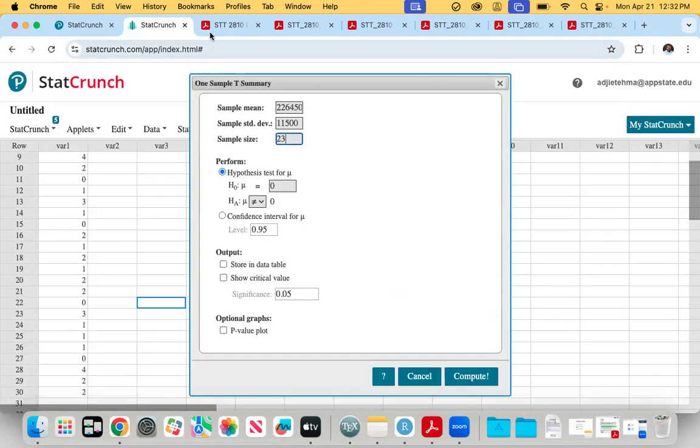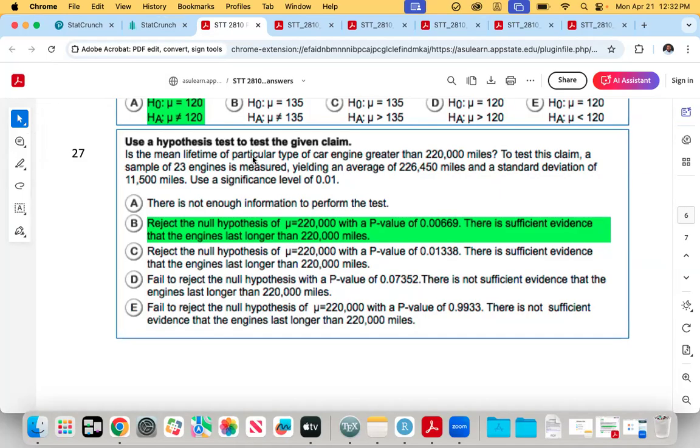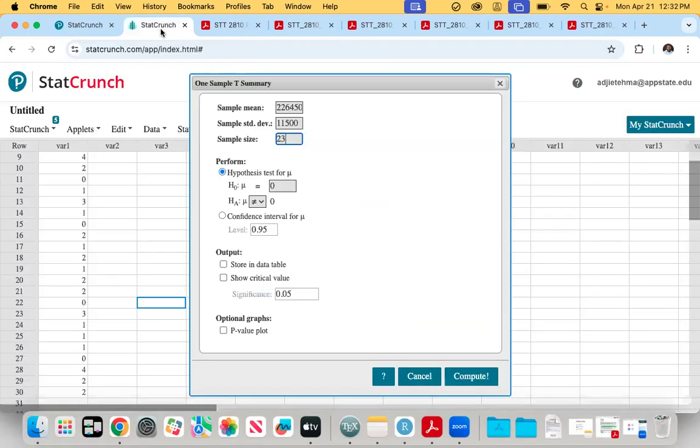And then the hypothesis based on this information here is the mean lifetime, so it should be greater than. Is that okay? And then here is going to be 220,000. If you get the hypothesis wrong, it's going to impact your p-value. Is that okay? So we can then click on, you can even change the significance level to be 0.01.